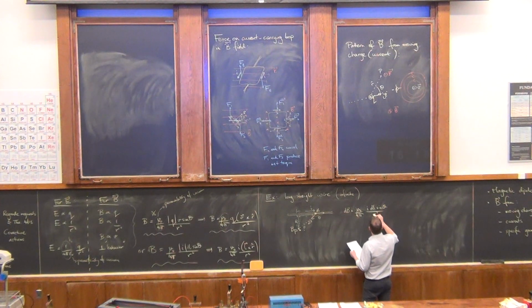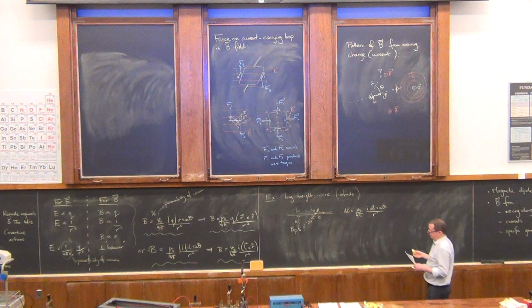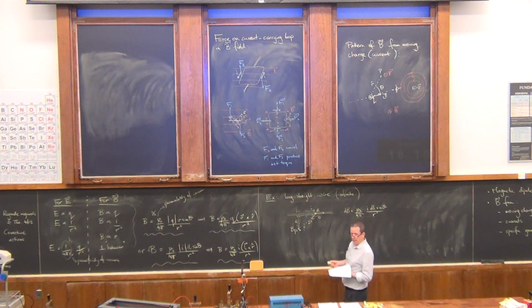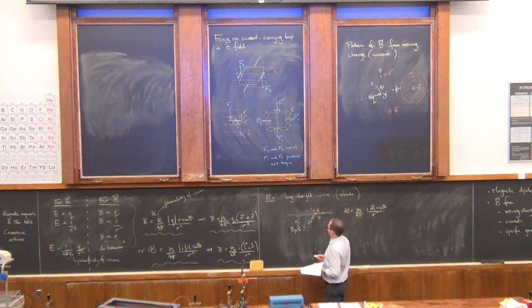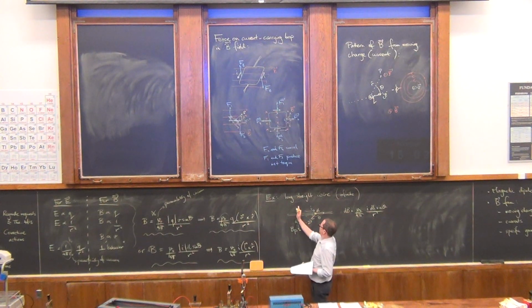And I'm going to do a trick here, which is not necessary, but just to show you the virtues of symmetries quite often. If this is infinitely long, and I think we did this at least in one example with an E field associated with an infinitely long charge distribution, I'm going to split this in half, at L equals 0.